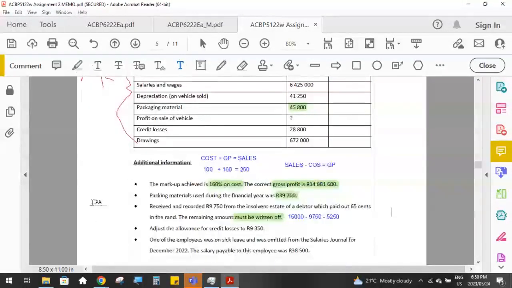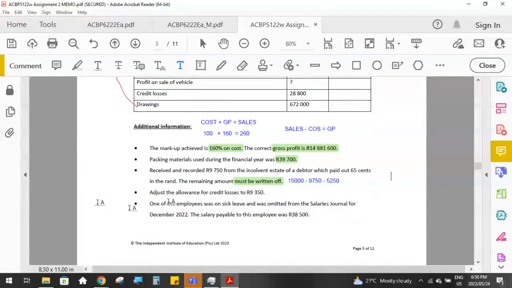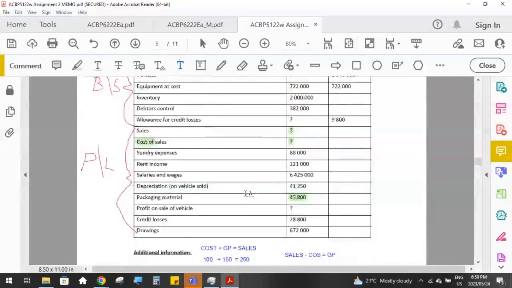Okay, and then that will be the additional credit loss. We must adjust the allowance for credit losses. In other words, the carrying balance of the allowance for credit losses must be equal to 9,350.